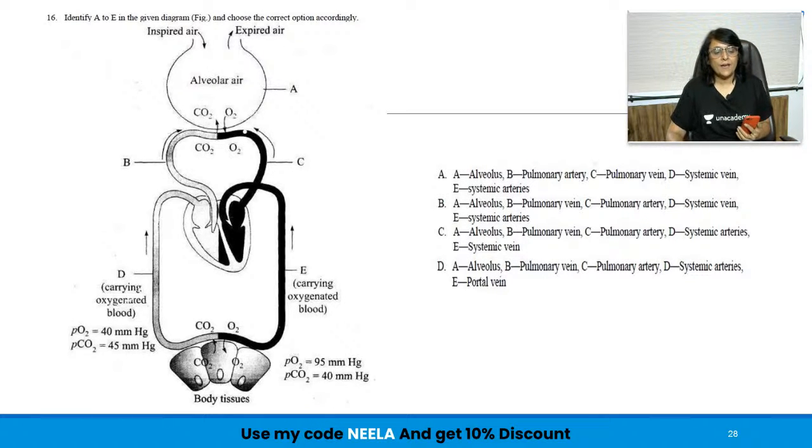And you have to identify A to E in the given diagram and choose the correct options which are given here. Archana, the answer which you are giving is for the 15th question, right? Now the question which you have is the 16th question, and let us see what is the answer.